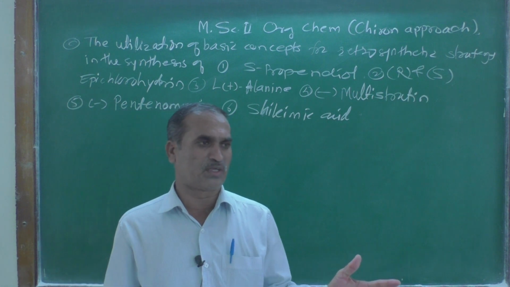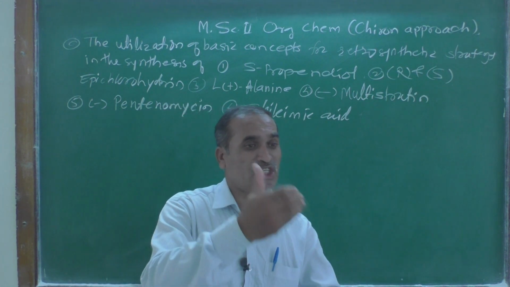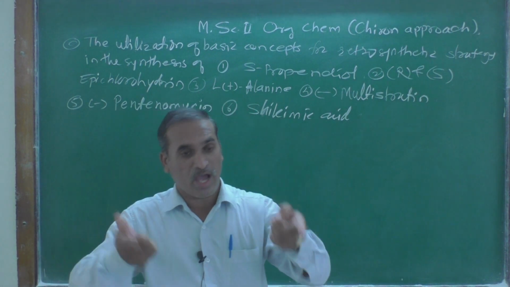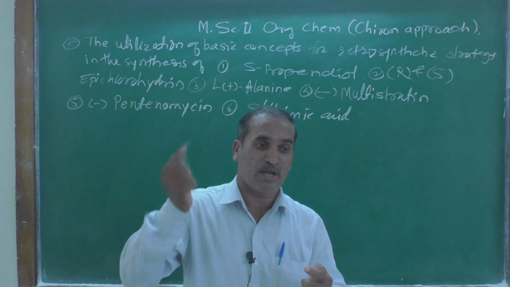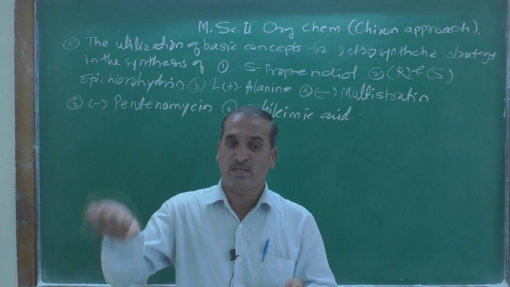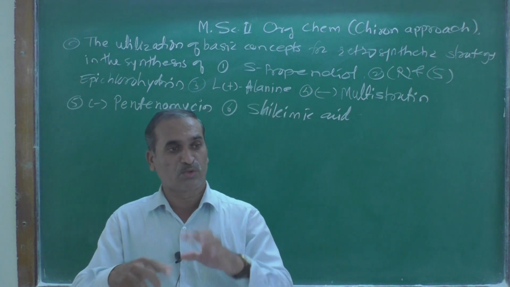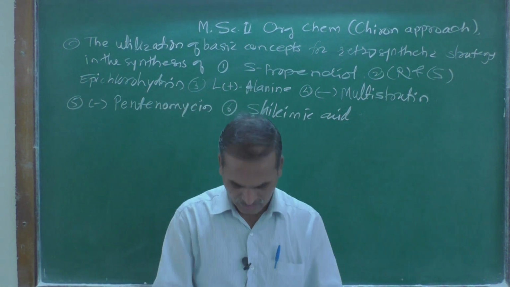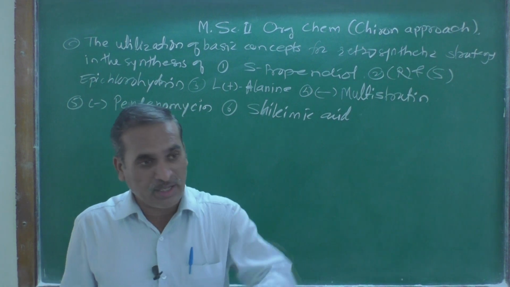FGI, functional group interconversion. Go on interchanging the functional group until you have in your mind that you can make that bond, you can convert that functional group by knowing the named reaction.